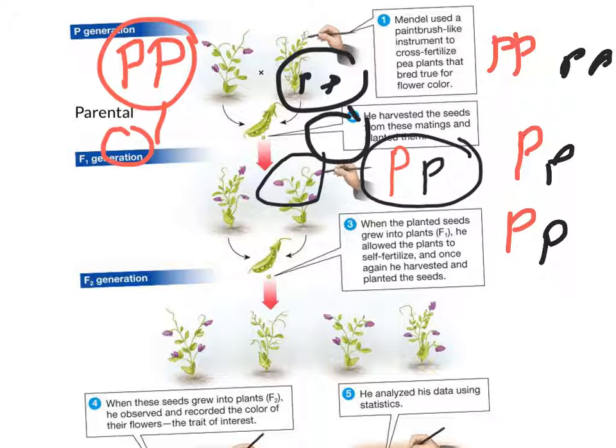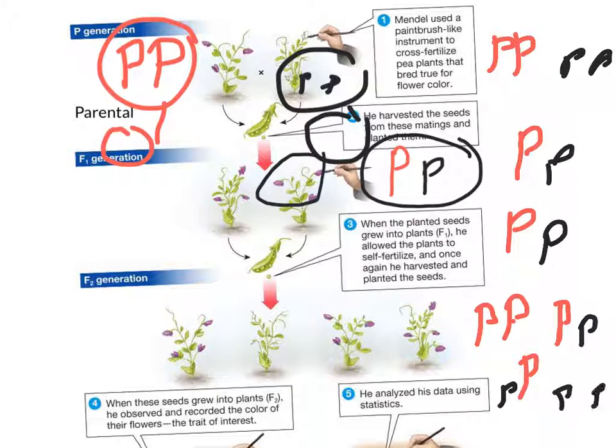And then, if we did the cross, we would end up, again, with P, P, little p, big P, or P. That's the F2.